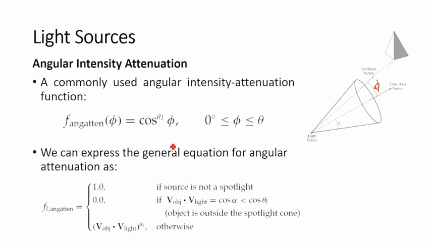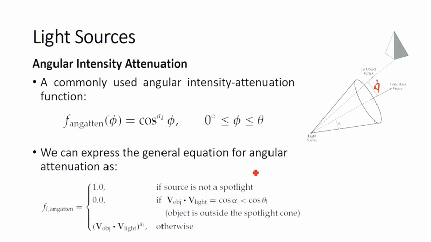So cos of phi to the power of AL, where AL is called the angular intensity attenuation exponent. Now I can vary this exponent to adjust the amount of intensity that I need. So I can still play around with how much intensity is appropriate for me in the scene by varying this intensity attenuation exponent.